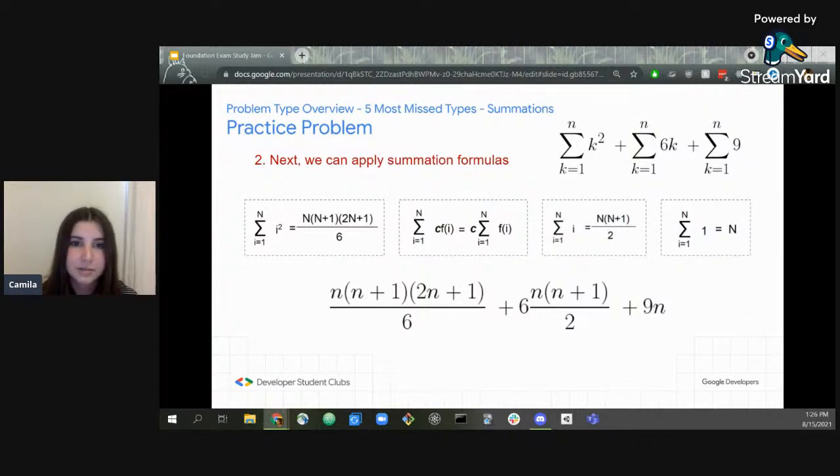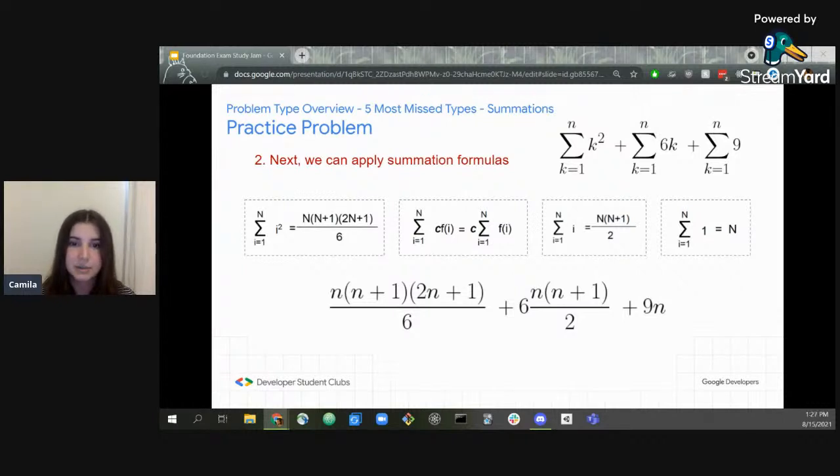But here are the summation formulas. For the first part, we have k squared, for which we can easily use the i squared formula, so we just plug that one in. Then the second one has a constant before the function, and we can just take out the constant and put it at the beginning of the summation, which will be multiplied over the entire function.